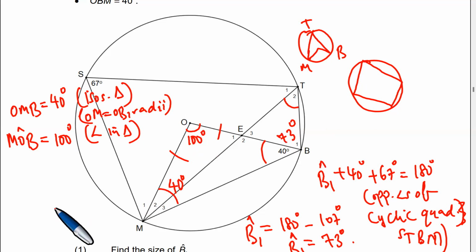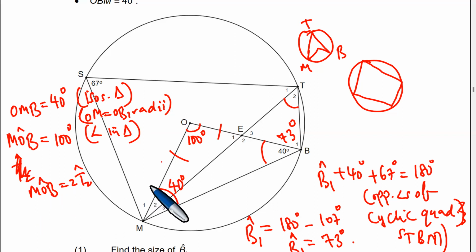What does this therefore mean? We can find angle T2. How do we find angle T2? Angle T2 can be determined, so we can write it properly and say, alternatively, angle MOB is twice angle T2.